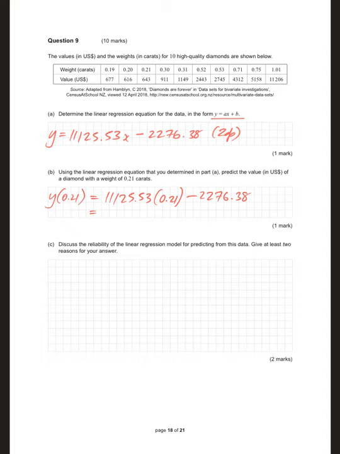That gives a value of $59.98 to 2 decimal points. Value predicted for a diamond of 0.21 carats.